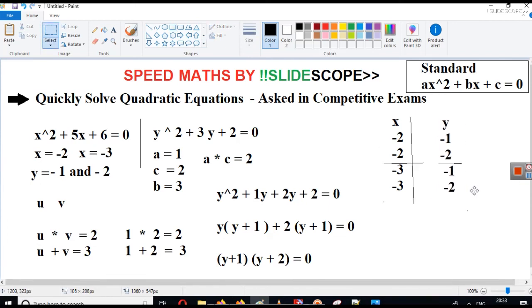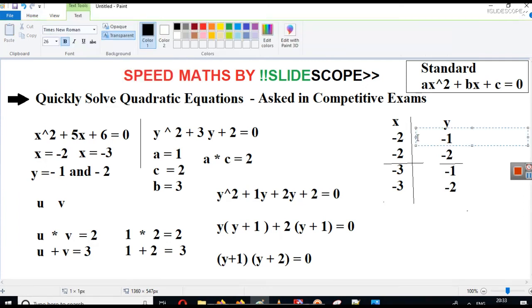Now you see minus 2 and minus 1, which number is bigger here? So minus 1 is greater than minus 2. Minus 2 and minus 2 are equal. Again, minus 1 is greater than minus 3 and minus 2 is greater than minus 3.